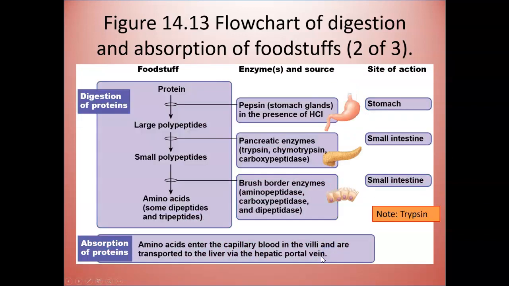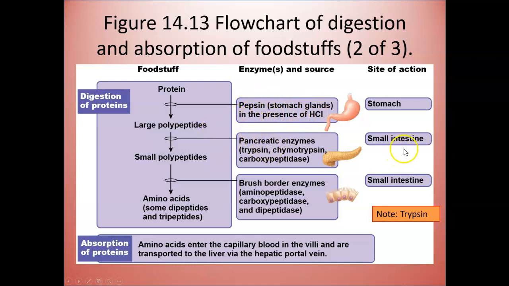Okay, so next one we want to look at is proteins. At this point, we've left the mouth and esophagus. We don't really produce anything in our mouth that helps break down proteins. But when we get to the stomach, we do start to produce a couple of things. Pepsin, in the presence of hydrochloric acid, helps break it down.